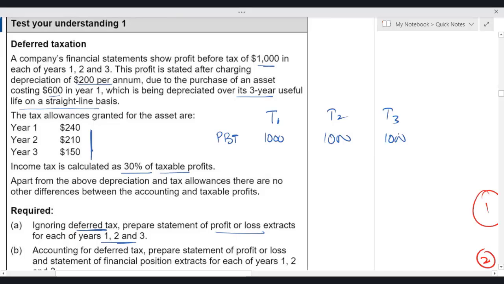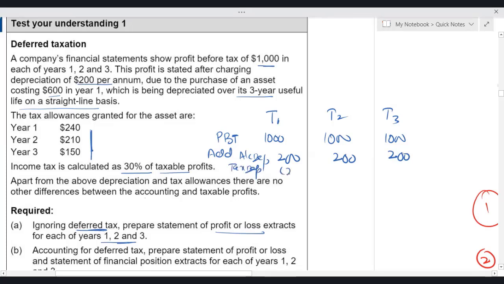We know that tax is paid on taxable profit. We do not pay tax on accounting profit. Simply add accounting depreciation, which is 200, less tax allowable depreciation, which is 240, 210, and 150.